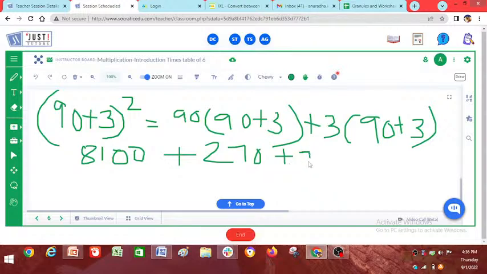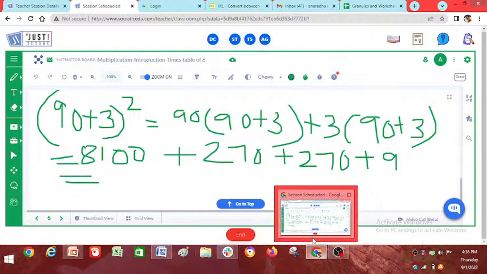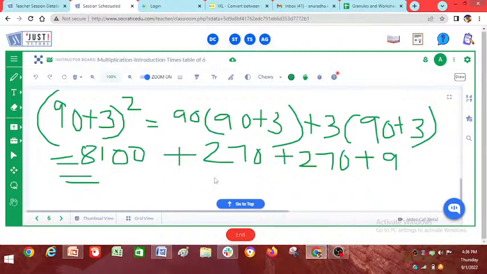See how easy it is to find out. And now we are left with one more 9, and we will just add them together. So after adding them together, we would get 8,649. So I hope you are clear.